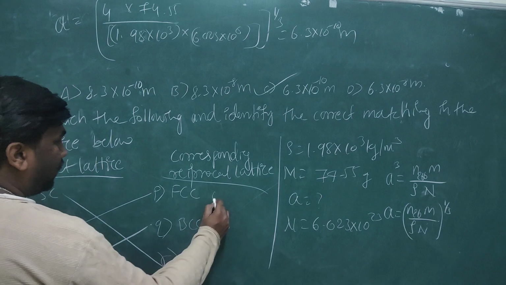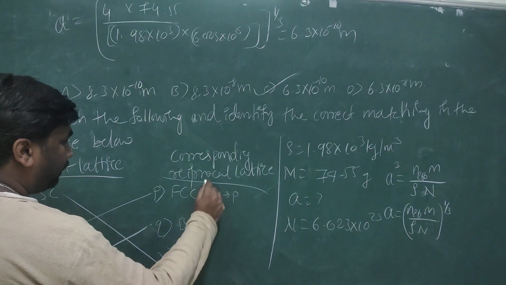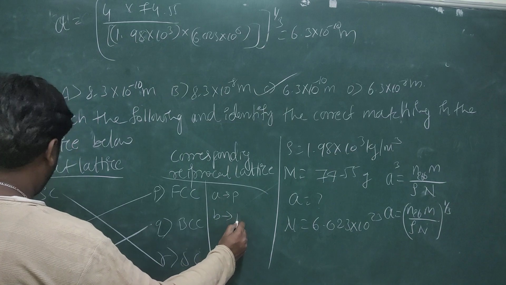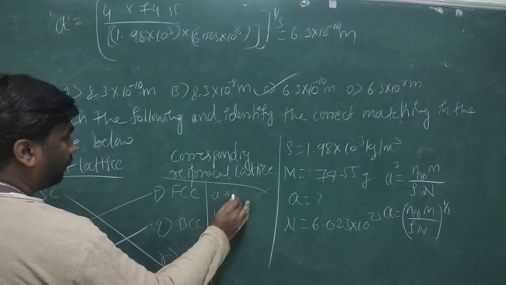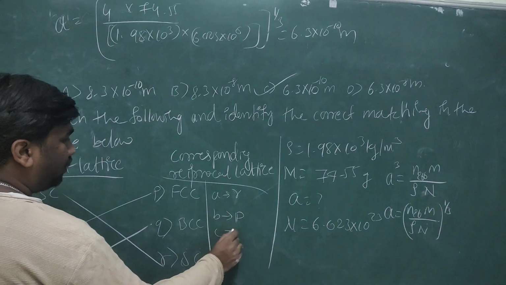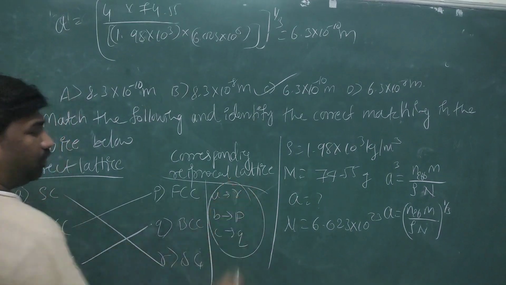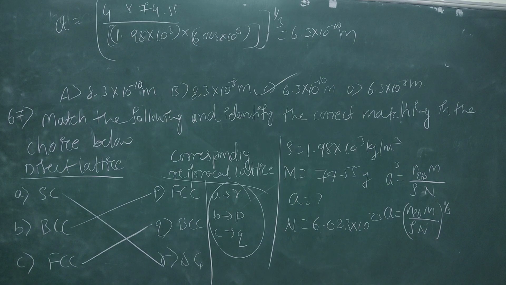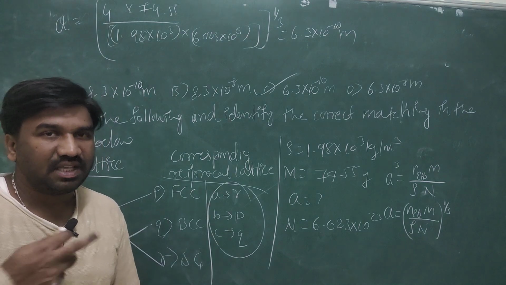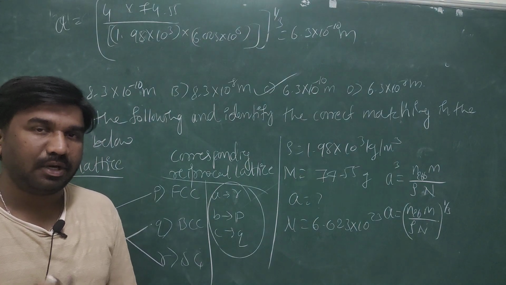So, therefore, A to P, B to R, and C to Q is the correct option. The reciprocal lattice for FCC is BCC, for BCC is FCC, and for simple cubic it is itself.